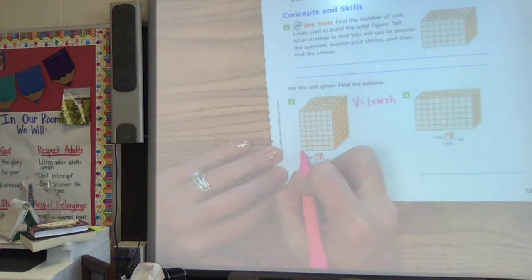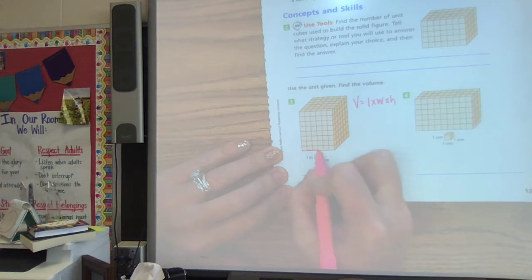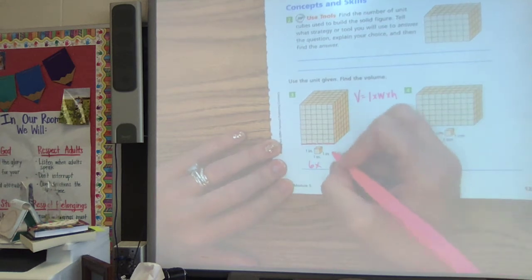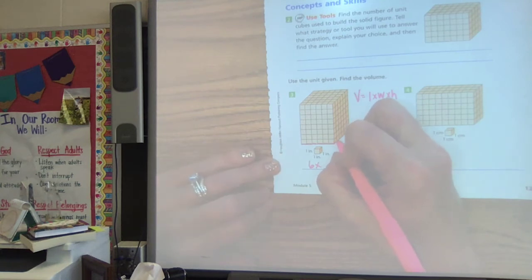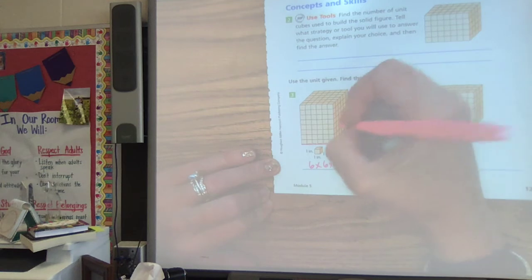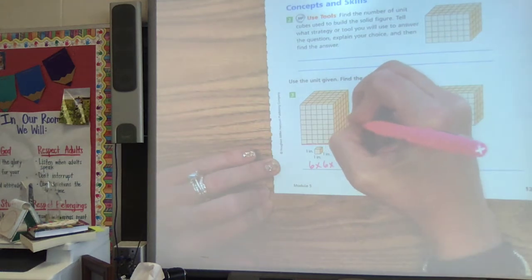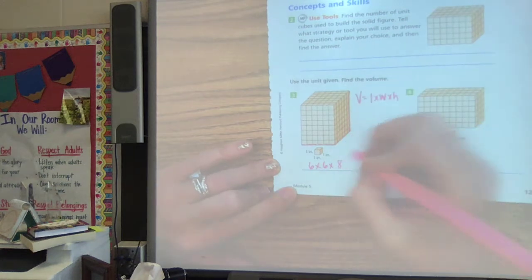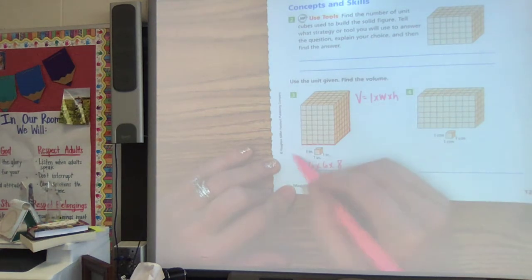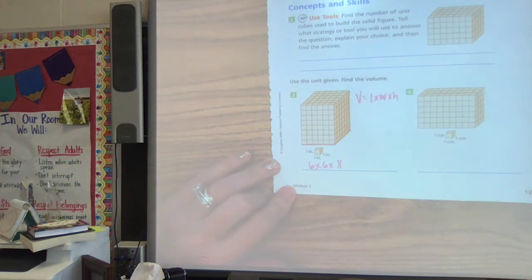My length is 1, 2, 3, 4, 5, 6 units. My width is 1, 2, 3, 4, 5, 6 units. My height, 1, 2, 3, 4, 5, 6, 7, 8 units. I like to find my length, width, and height and then multiply.